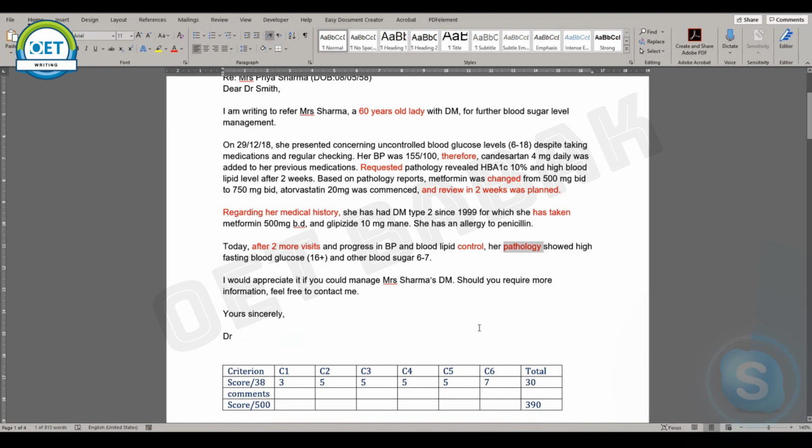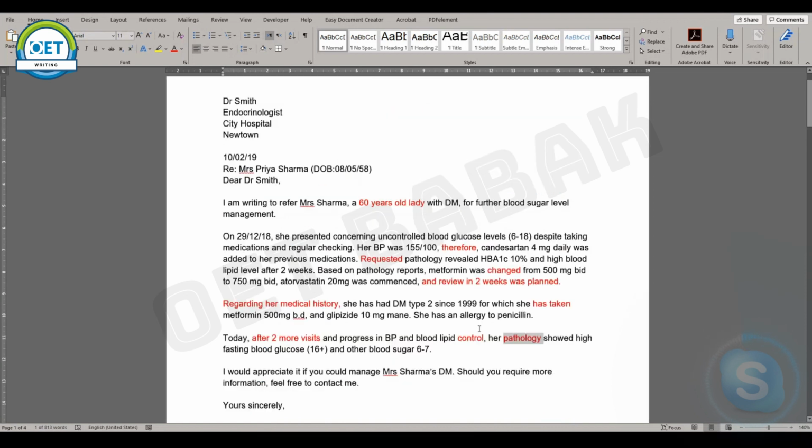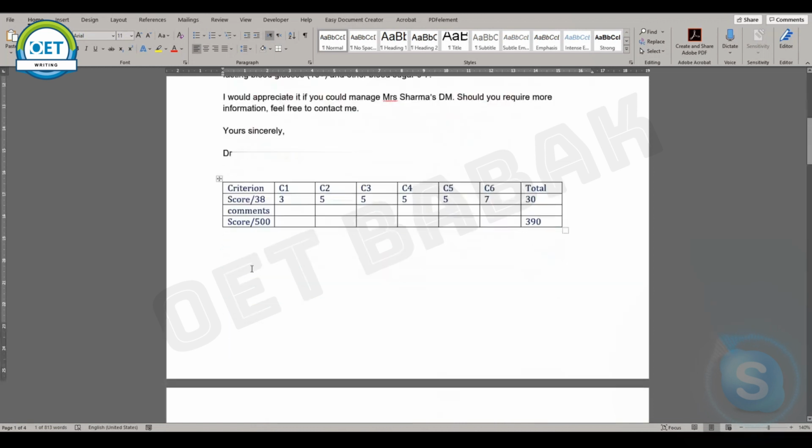Good. So basically, this one, 60 years old. We say she is 60. She is 60 years old, but 60-year-old lady.